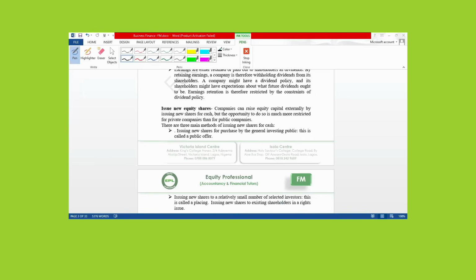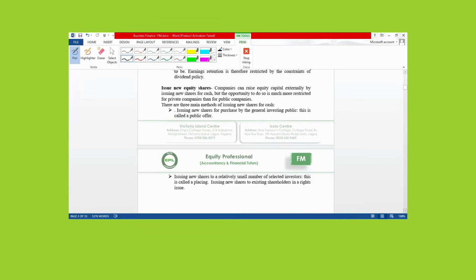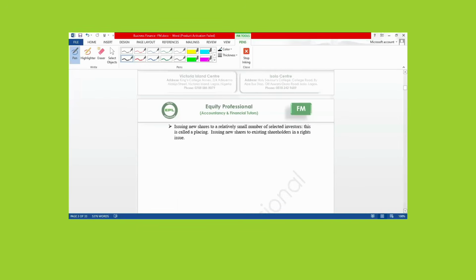Number two method, private placing. We call it placing, to place. Issuing new shares to a relatively small number of selected investors.